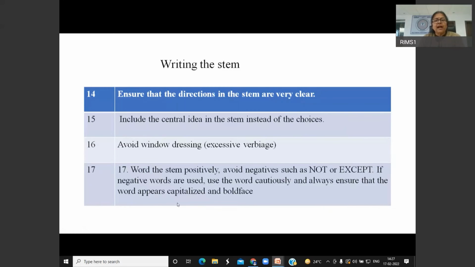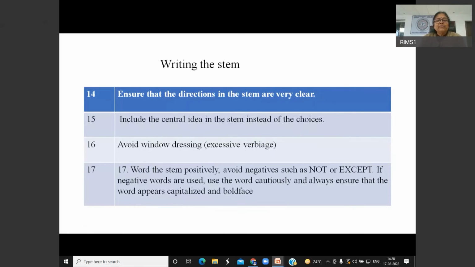All the information required to answer should be given in the stem, and choices should have only and only answers, but not information about the question. Now, avoid window dressing. Many times, window dressing has nothing to do with the content, just to create confusion or to trick. So that also we should avoid.